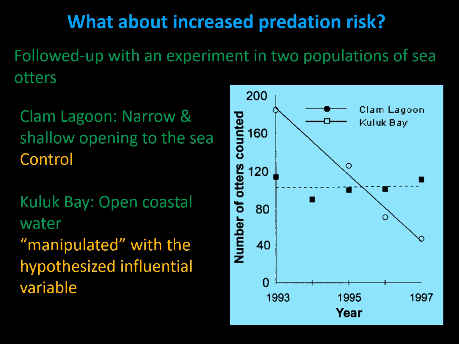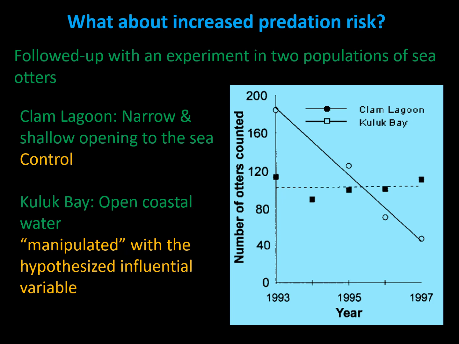So this is the data that the USGS team observed, in the figure you are seeing. On the y-axis is the number of otters as they counted by visual observations, and how that count varies across the years from 1993 to the 2000s.